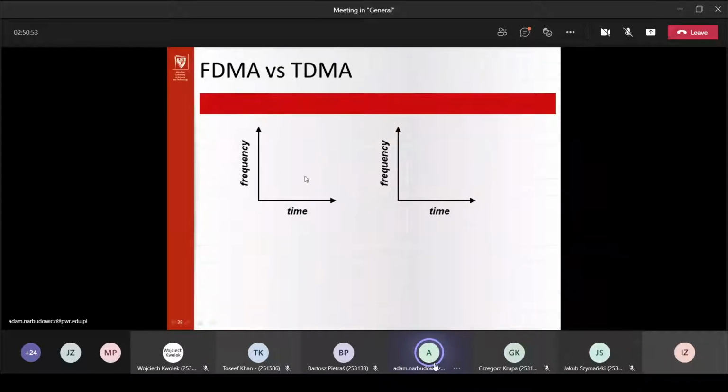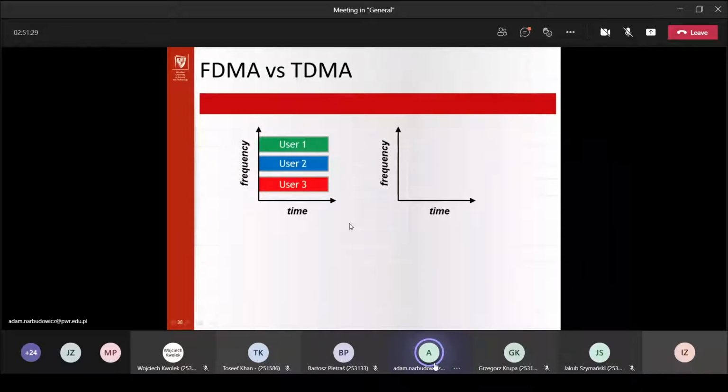And also, from more advanced theory, you know that two signals at two different frequencies, assuming certain conditions, can also be quite easily separated using filters. So typically when we speak about FDMA, or frequency division multiple access, we have a certain bandwidth which is allocated for our system, and we divide this bandwidth into subchannels, right?